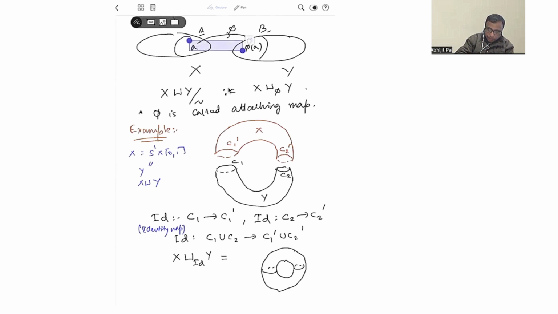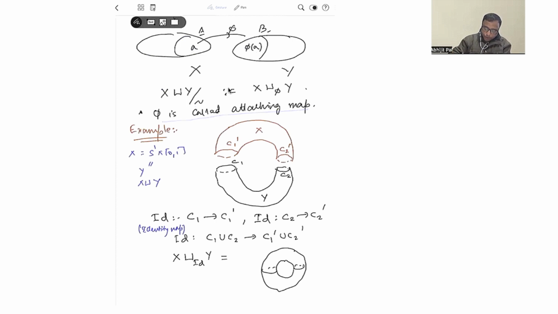Now you take a point a from this set A and the point phi(a); a is related to phi(a). We have this quotient space here, and you put the quotient topology. This map phi is called the attaching map.